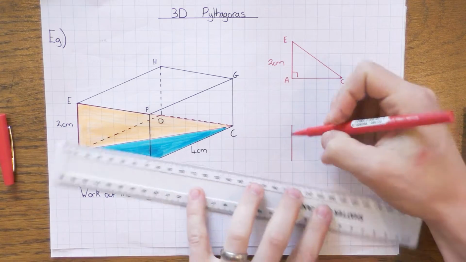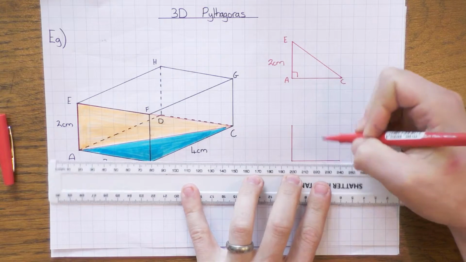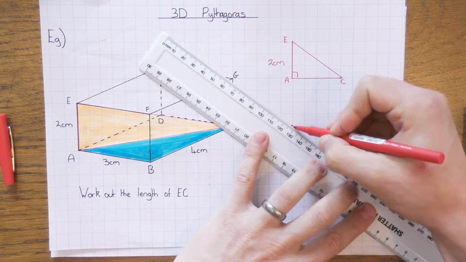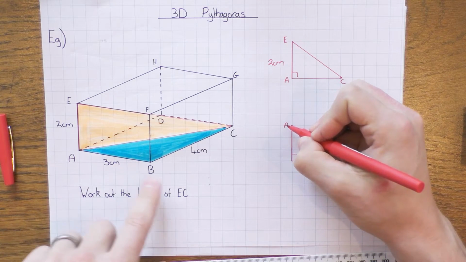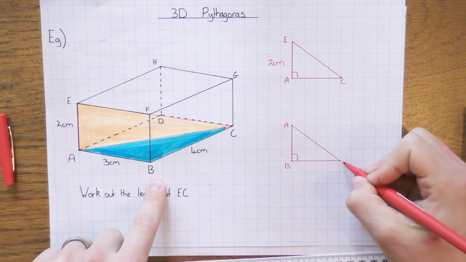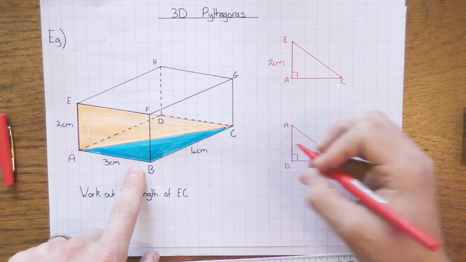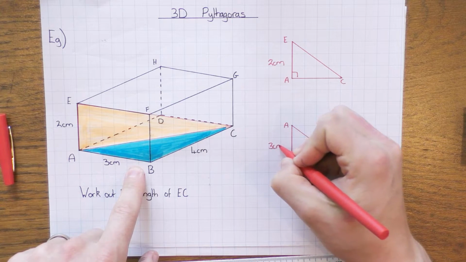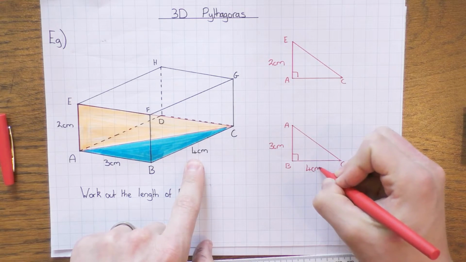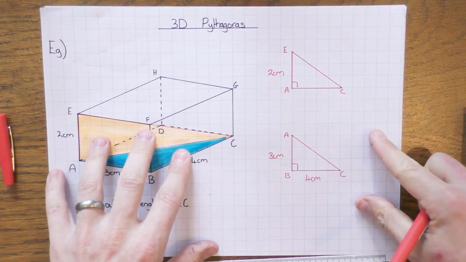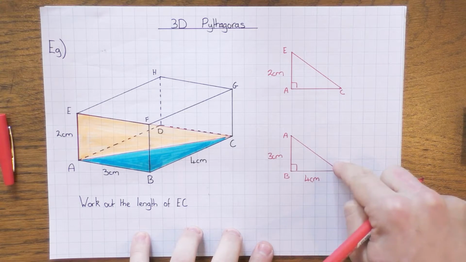Again, just a quick little sketch, it's just to make the calculation just a bit easier. Where we have A at the bottom, B at the bottom, and C at the bottom. And this length here is 3 centimetres. This length between B and C is 4 centimetres, in which case, because we have the two lengths, we can now work out what A and C is.